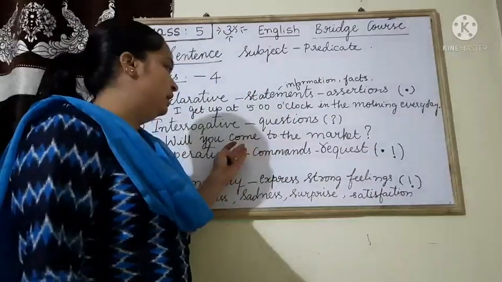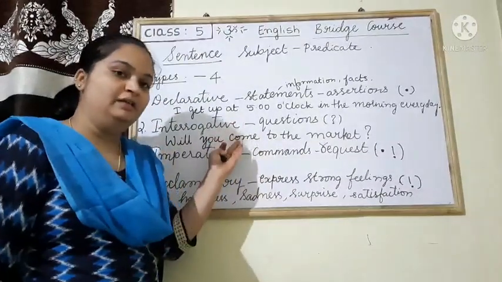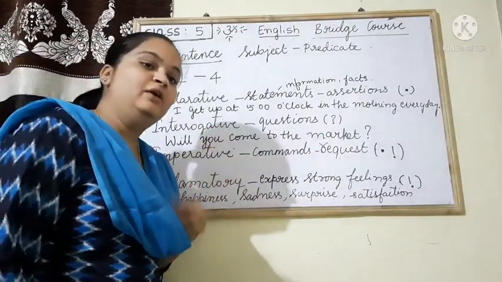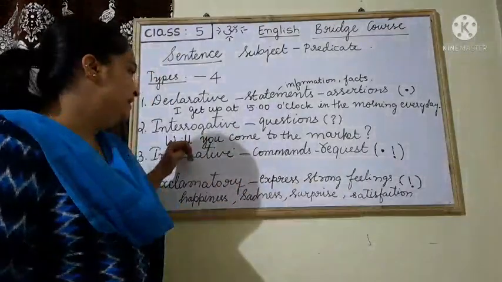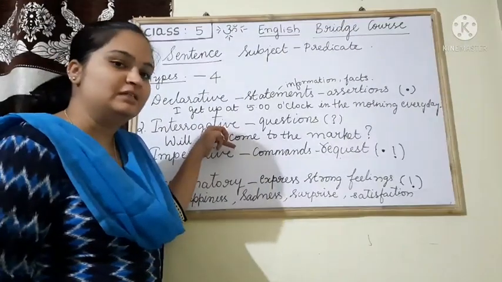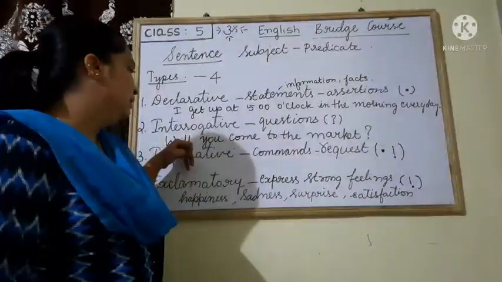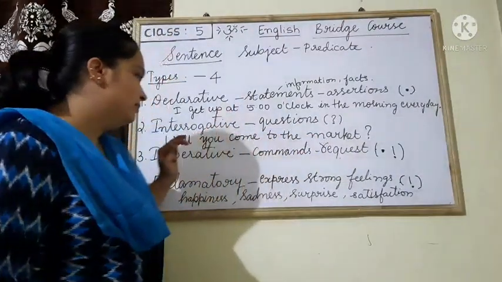Here we are expecting information. We are in need of information. When we want the information, we ask questions, and that is when interrogative sentences are used. So the example is, will you come to the market?